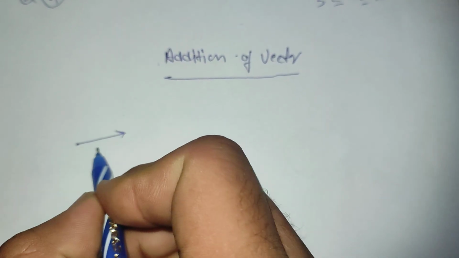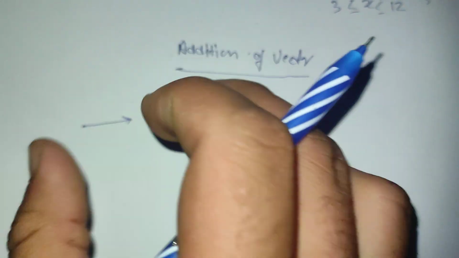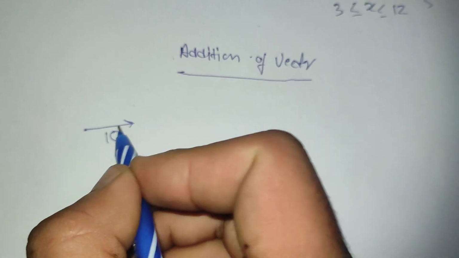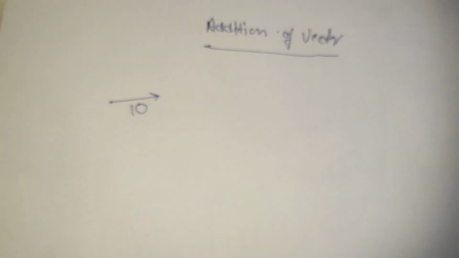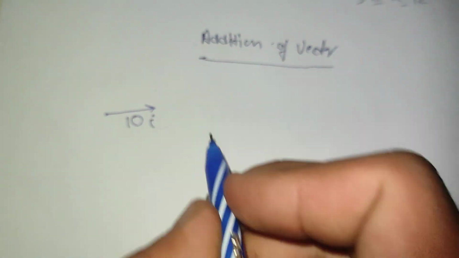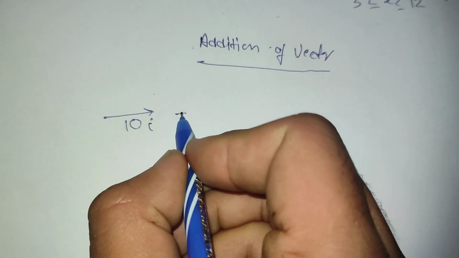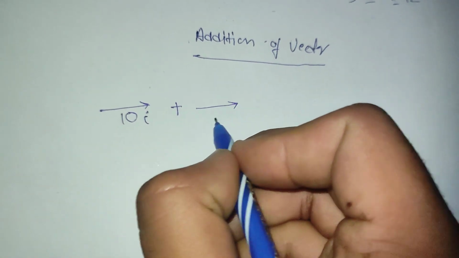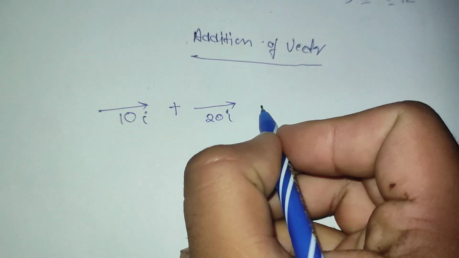So first we have, for example, a vector which is 10 meters, basically 10 i cap. If I add a vector of 20 i cap, what will be the result?